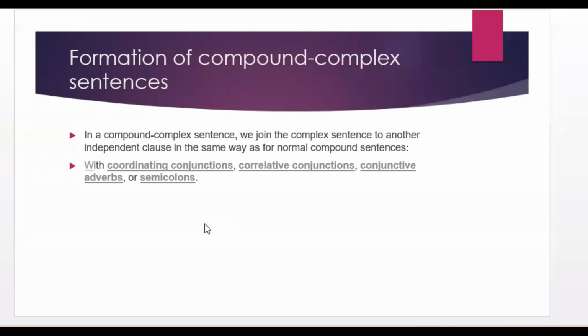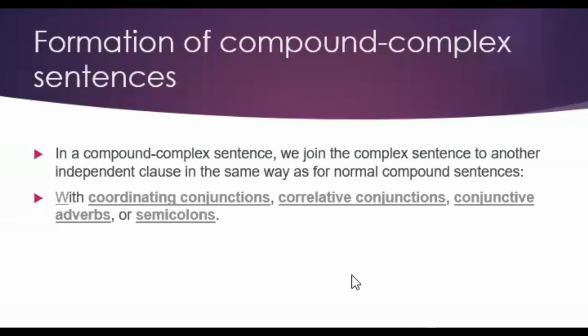In the same way, we're taking these different components: two independent clauses and a dependent clause, and we want to put them together. For them to stick together, we can use a coordinating conjunction, a correlative conjunction, or a conjunctive adverb or semicolon. I'll give you another minute to ask any question before I move on.